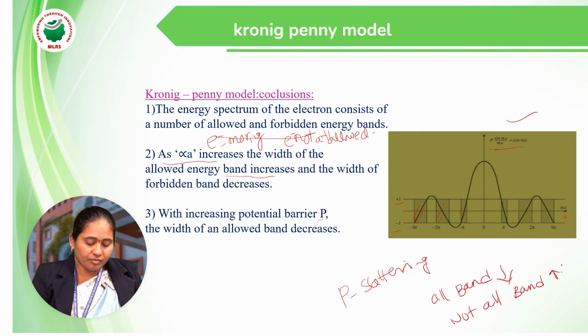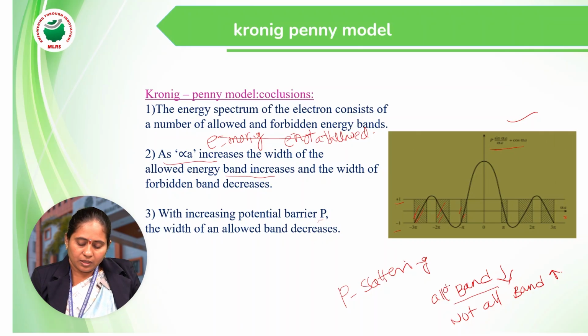If P increases, the width of the allowed band decreases and the not allowed band width increases. So, as alpha increases, allowed increases and not allowed decreases. But as P increases, allowed band decreases and not allowed band increases.